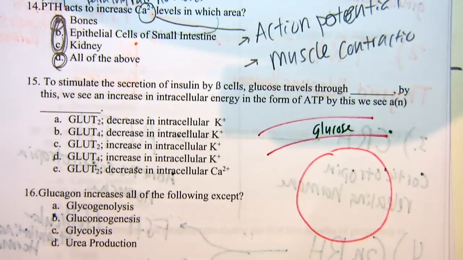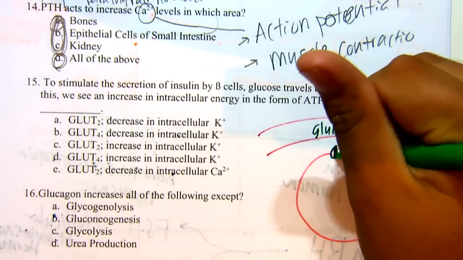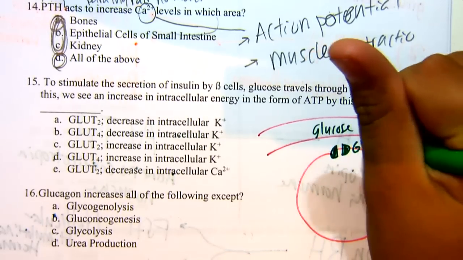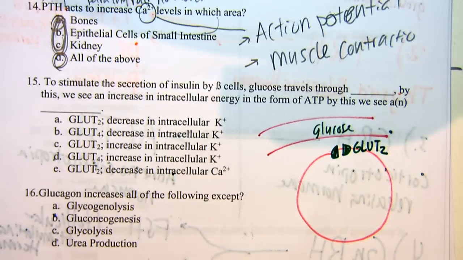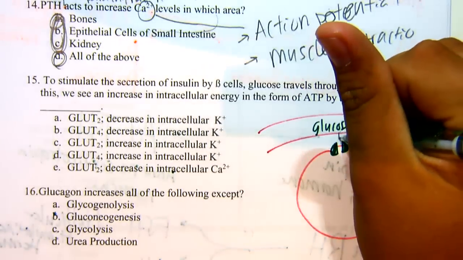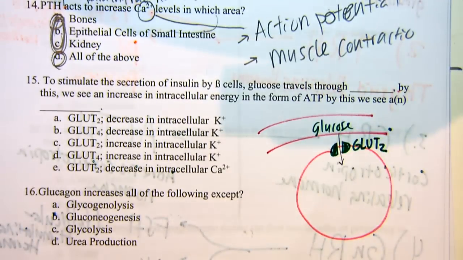It's going to travel through GLUT2 receptors. Once inside, it's going to close off the potassium channels.